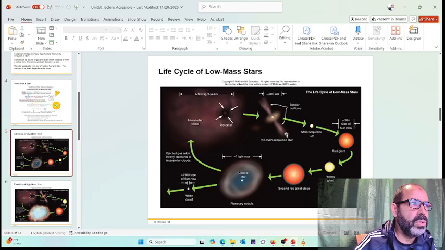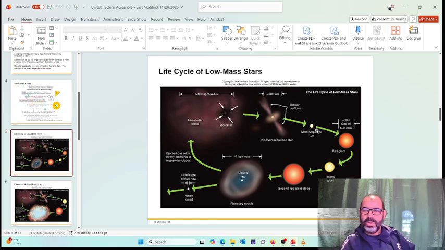And in doing so, it's going to expel a lot of that interstellar cloud and become a star. So at this point, it's fusing. We're talking about a low mass star in this case, like the sun, fusing hydrogen in its core. At some point, it's going to run out of hydrogen in its core, and the collapse will increase with gravity.